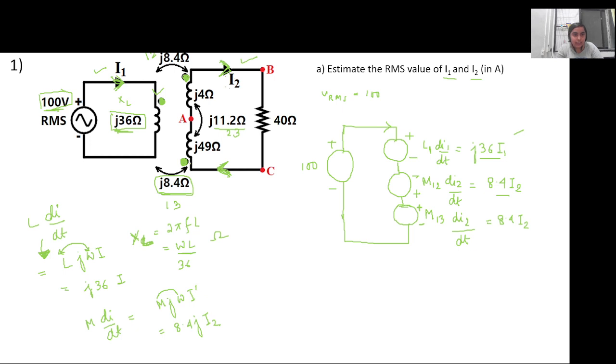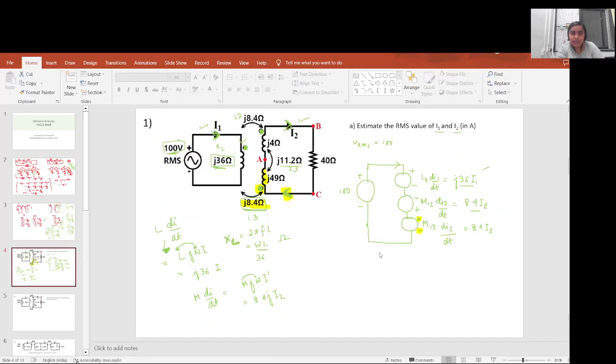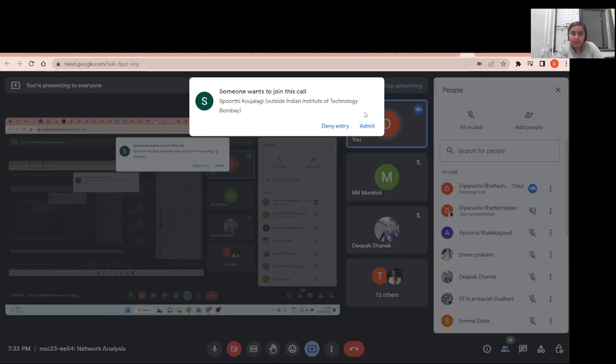Because in the third inductor, I will highlight this one. So in this third inductor, the current I2 is flowing into this dot, right? And it has a mutual inductance of 8.4. So the sign convention is this direction, whereas in coil number 2, it was reverse.